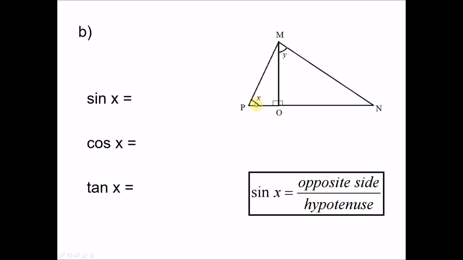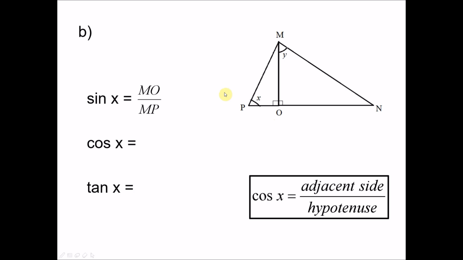For this angle, the opposite side is MO or OM. The hypotenuse is the side which is opposite to the right angle for this triangle, which is MP. So the answer is MO over MP.